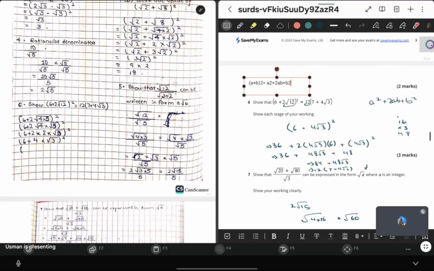Yes. Okay. So what we do is we take 6 and we make the square of 6, right? Then we take 2 and we take this term as one term. We take this term as one term, right?